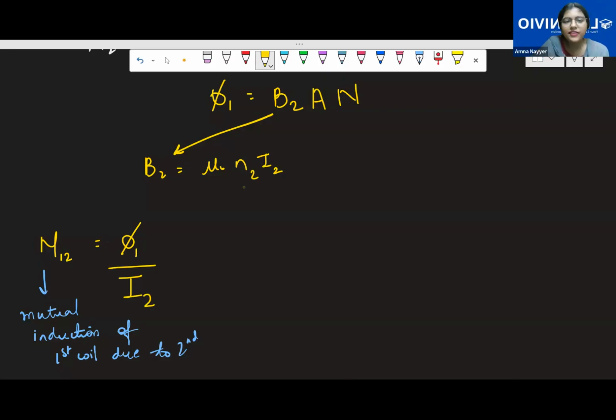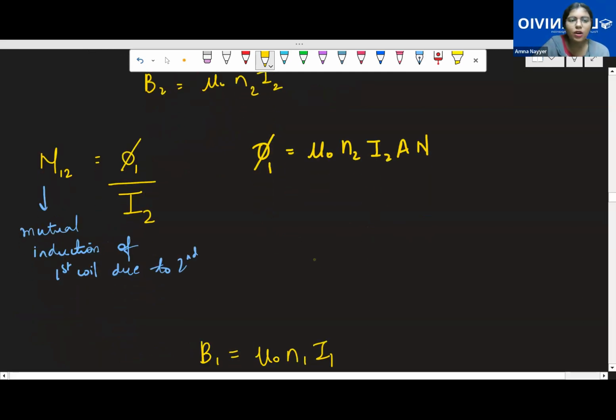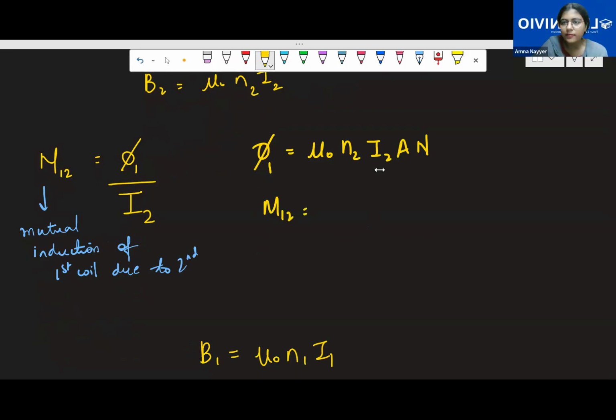So if I write the formula of phi1, it will be mu naught n2 I2 A into capital N. If I put it in the formula of mutual induction, M12, this whole flux, mu naught n2 I2 A N, divided by I2.